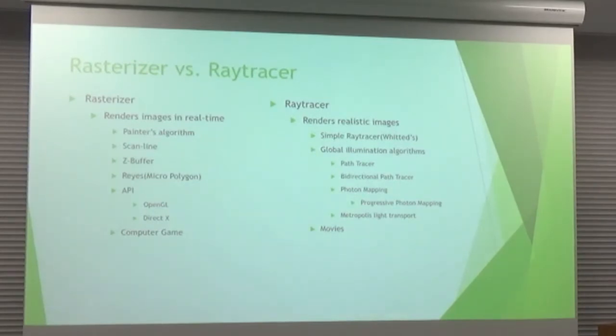There are simple ray tracing algorithms and some global illumination algorithms, including, for example, path tracer, bidirectional path tracer, or photon mapping, etc. And ray tracers are used to create movies, like in cinema.